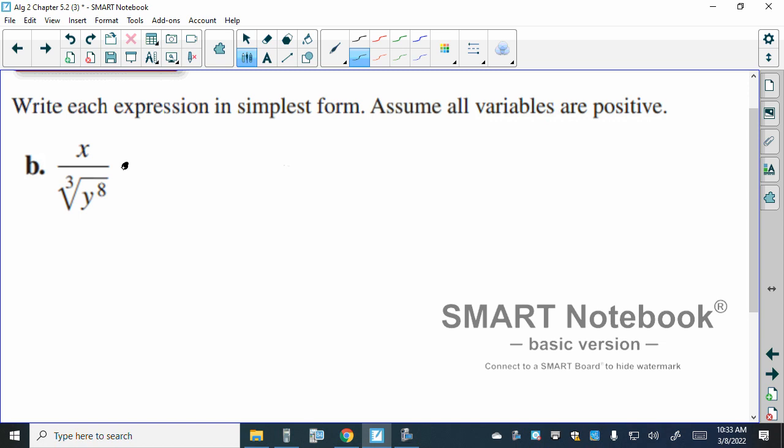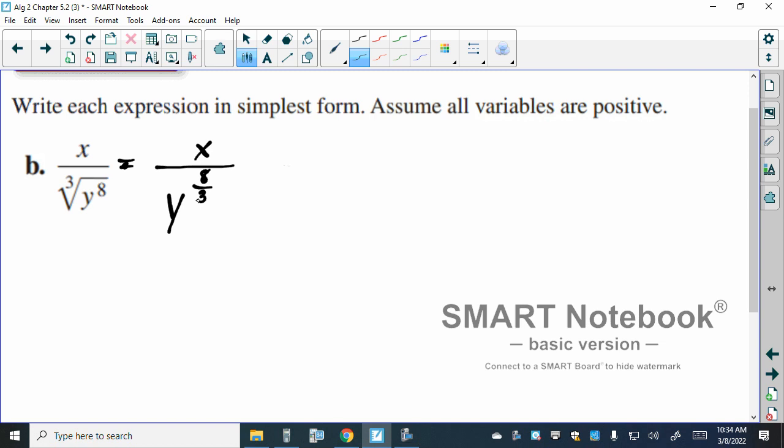We cannot have a radical in the denominator. So, another way we can think of this is in its fractional form, which will tell us that we have 8 over 3. We need this to simplify out completely. We don't need to have a radical in the denominator.